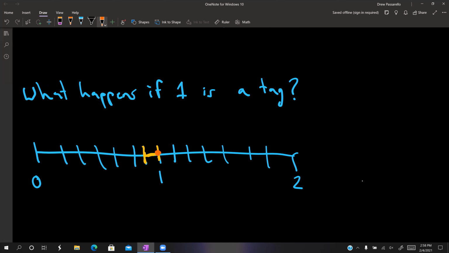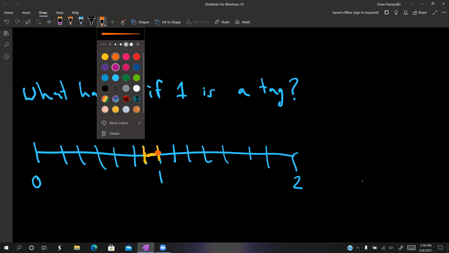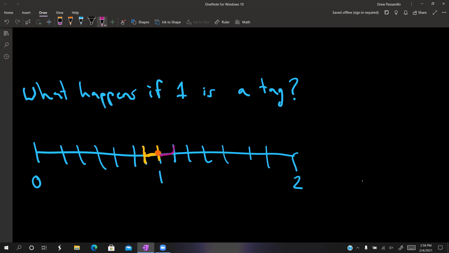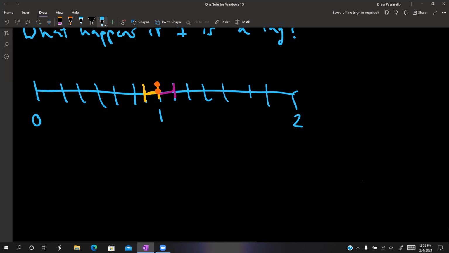So 1 is a tag for that, and that'd be the right endpoint of that interval. And then for the following interval, we still use 1 as a tag, but it'll be a left endpoint. And so we could have 1 being a tag twice as the maximum number of ways in which 1 could be a tag for this partition. So the max number of tags for 1 to be is 2.